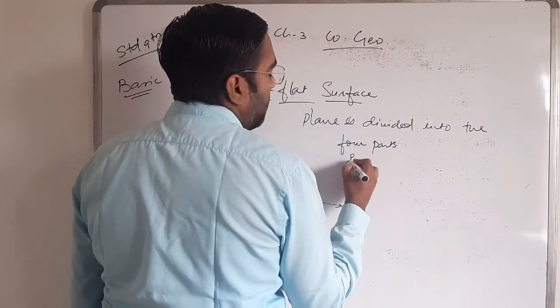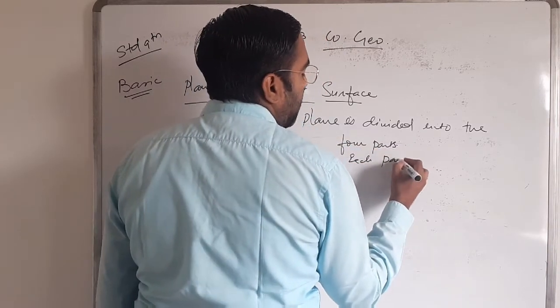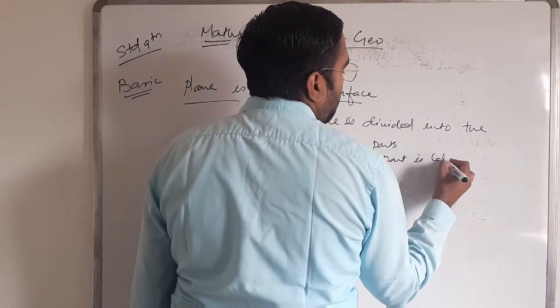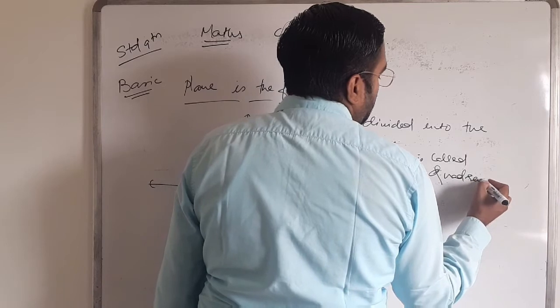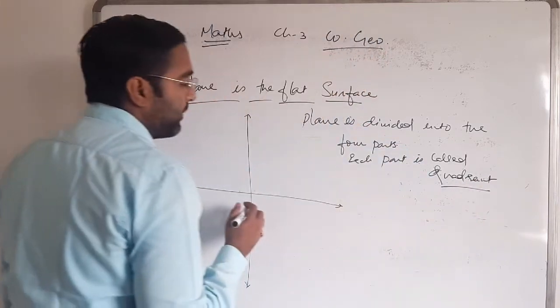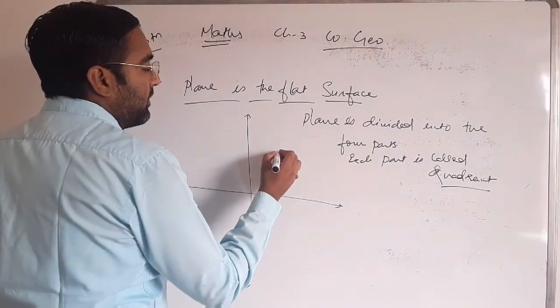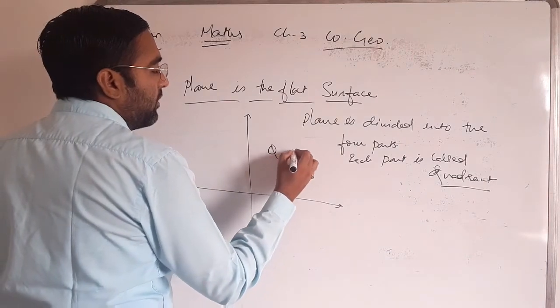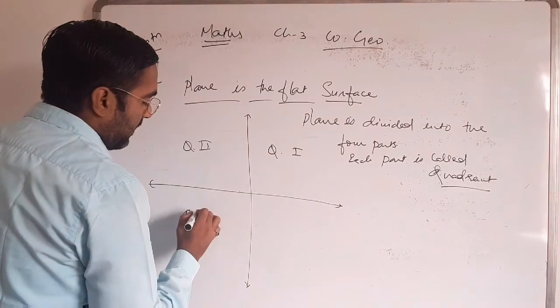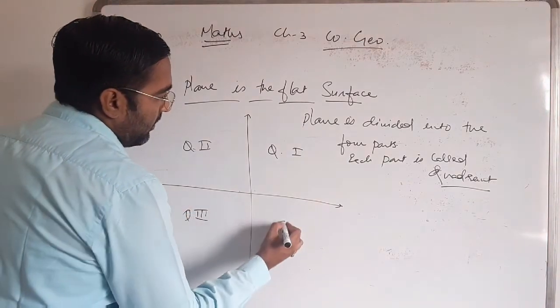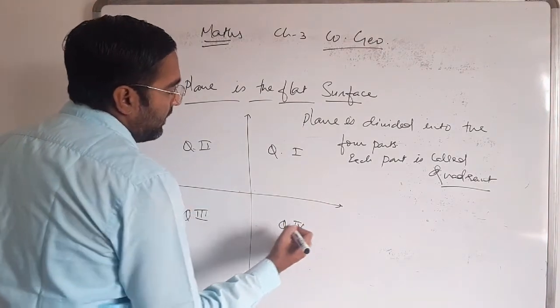Each part is called a quadrant. So this is the first quadrant, this is the second quadrant, this one the third quadrant, and this one the fourth quadrant. Clear?